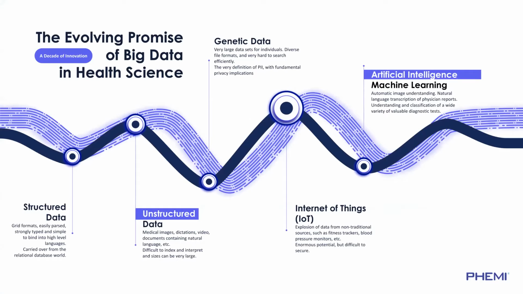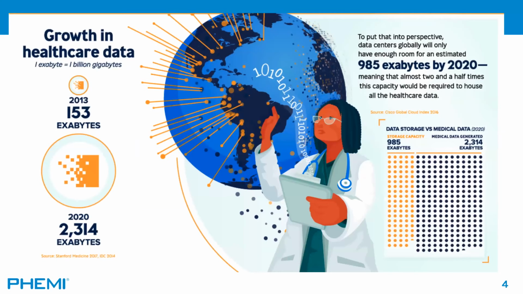We're seeing a growing amount of genetic data, both in terms of tumor profiles and genotypes, but also in full genome sequences. With the advent of Internet of Things, we're seeing a lot of data coming directly from patients' devices and various remote monitoring systems. And we've seen a big growth in the area of integrating artificial intelligence into the healthcare systems, particularly with learning healthcare systems. And so this sort of sets the groundwork for the challenge.